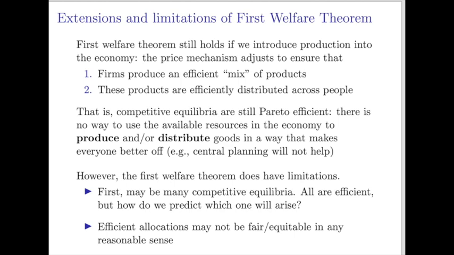So all the first welfare theorem is promising us is that the allocation is going to be Pareto efficient. But that doesn't tell us it's necessarily fair or just in a meaningful way. And so those are additional criteria that a social policy would need to take into account.